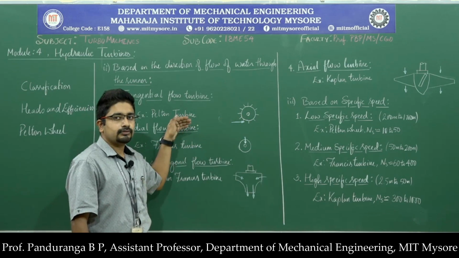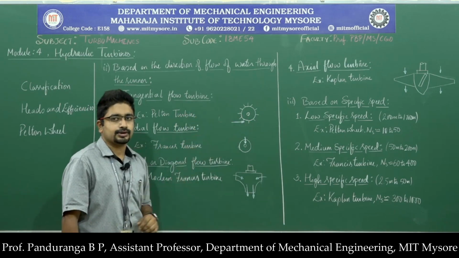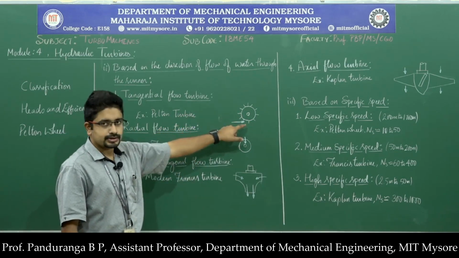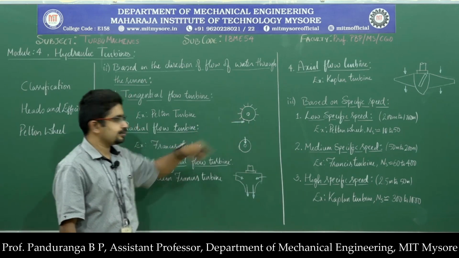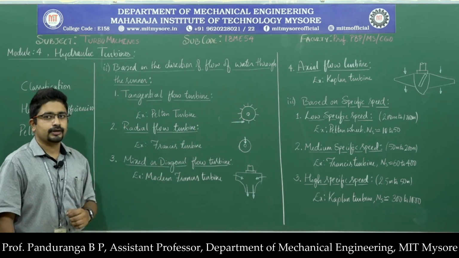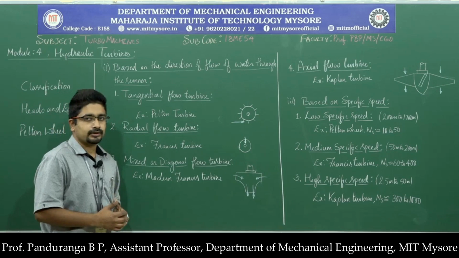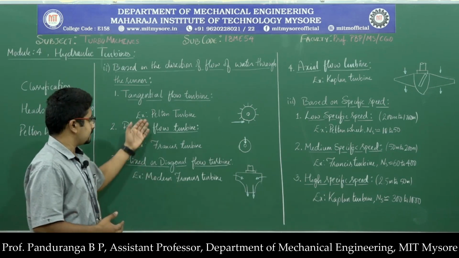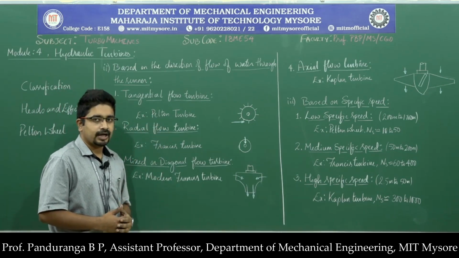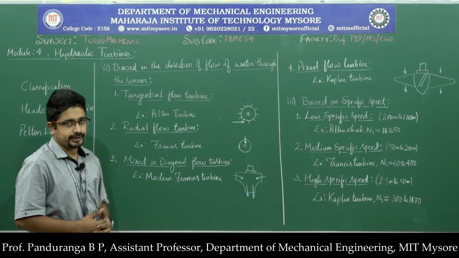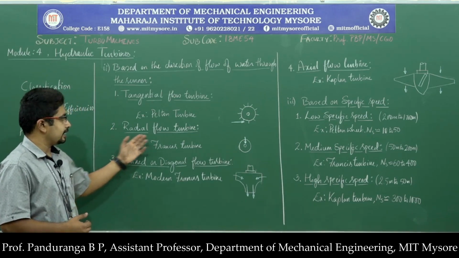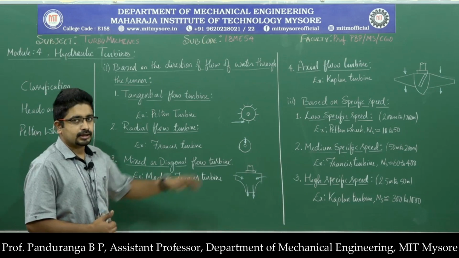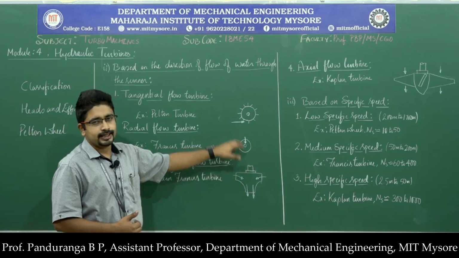So, the water will be flowing tangential to the runner. So, these kind of turbines we call tangential flow hydraulic turbines, and the example for this is Pelton turbine or Pelton wheel. Then we have radial flow turbine where the flow will be always radially inward.